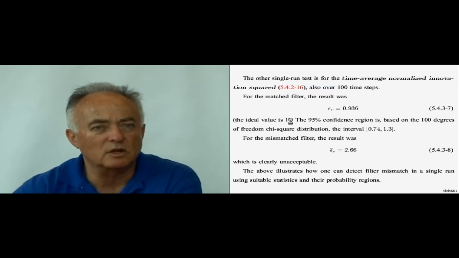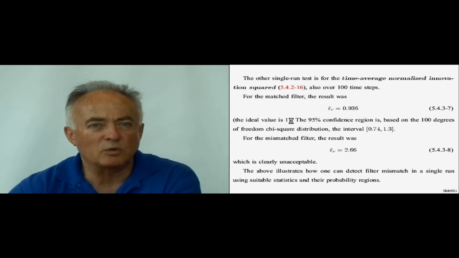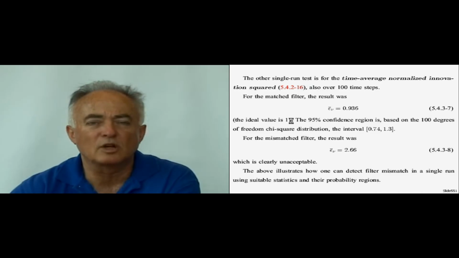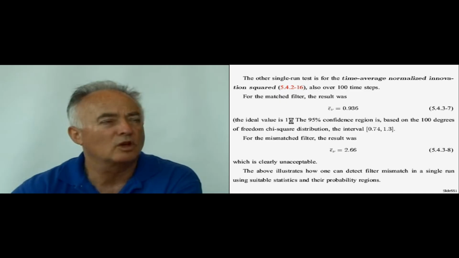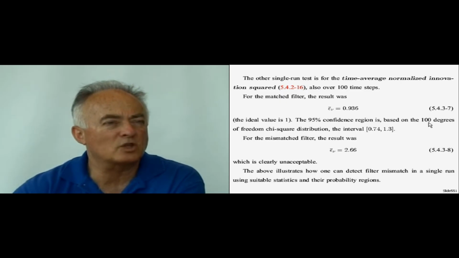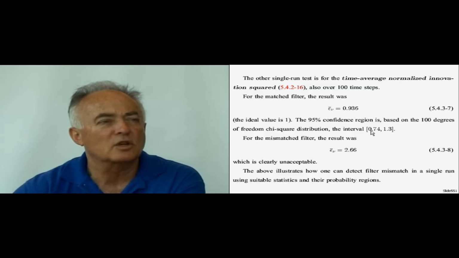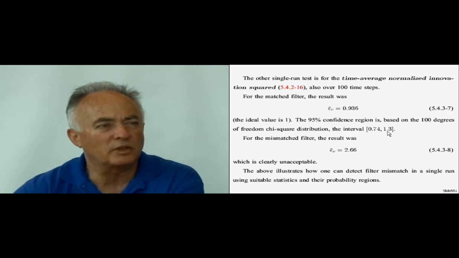When 0, you don't get 0. Are you close enough to that value? That is the question. And what does close enough mean? The answer is based on a statistical confidence or probability region that you have to obtain. So the 95% region based on the chi-square with 100 degrees of freedom is 0.74 to 1.3.